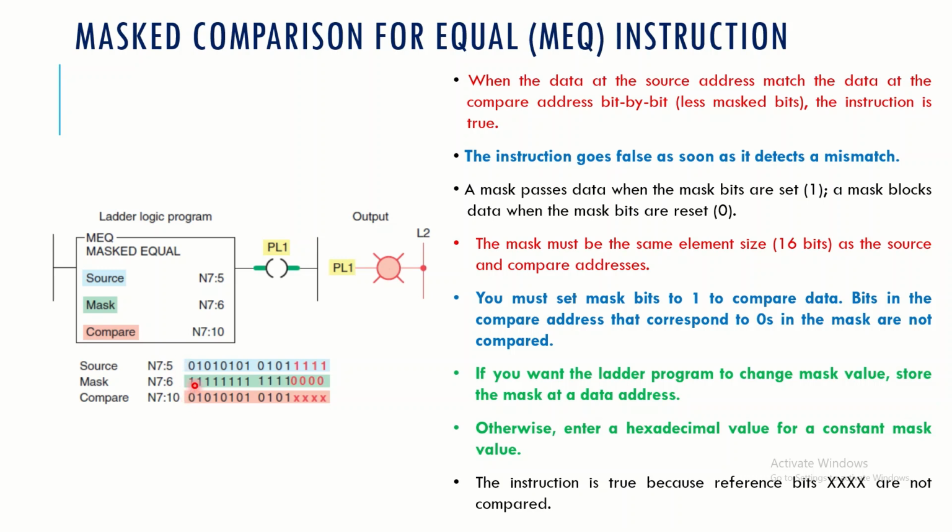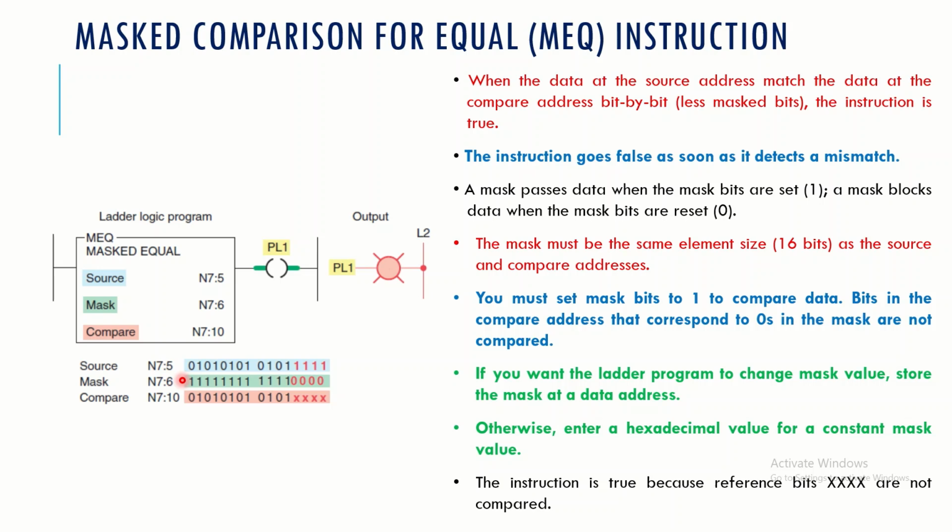So here you can see this 1 1 1 1, wherever there is a 1 in the mask, the data will be compared. But where there is a 0, this data will not be compared. And remember one important thing, the mask must be the same element size. So if this is 16-bit data as the source, and 16-bit data at the compare, then the mask should also be 16-bit long. Do not commit a mistake here.